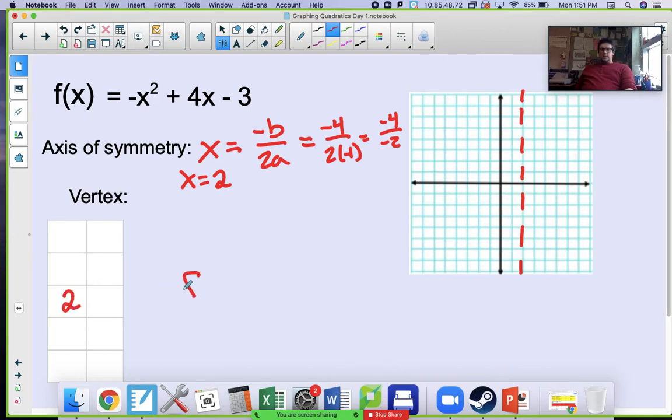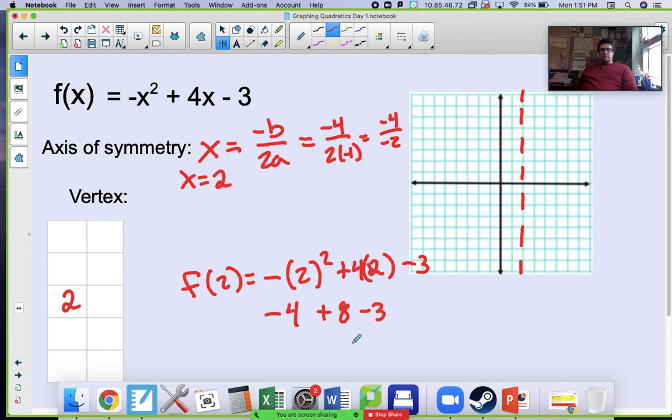We're going to plug in to find our vertex. That negative is not included with the 2. So 2 squared is 4, so we have -4 plus 8 minus 3. -4 plus 8 is -4. It's not -4, it's +4. +4 minus 3 gives us 1. So our vertex is right here.